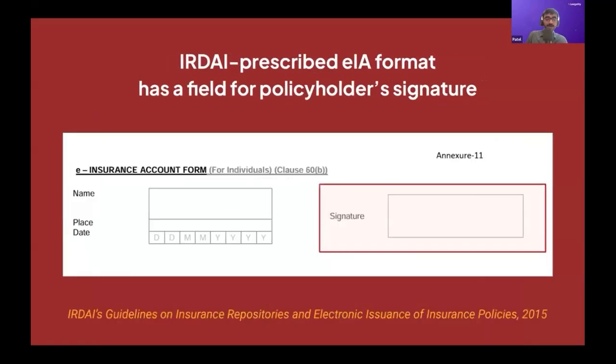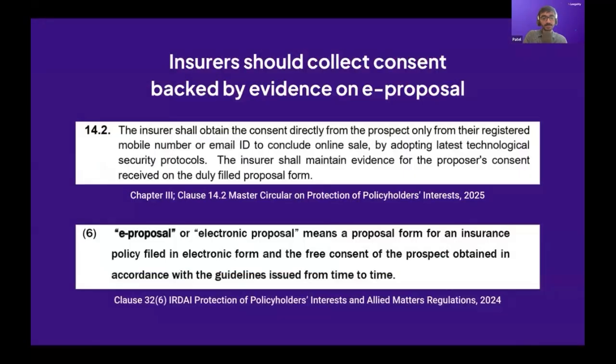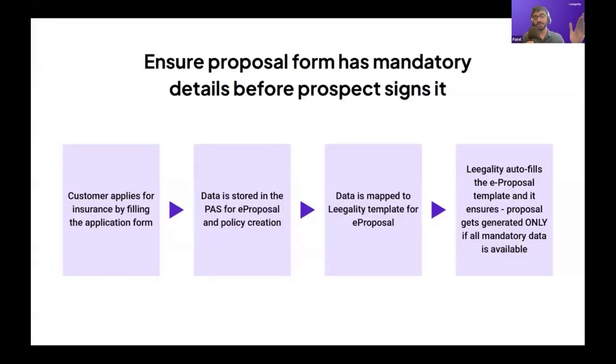For the eIA as well, IRDAI requires a signature very specifically in the annexure itself. And for the proposal, the third document, IRDAI requires a verifiable consent with clear evidence. So first, for all three documents, you need mandatory details filled in. And it's this leg of the process where blank form signing often happens in the traditional insurance process. At a central level, it's very hard to fix this because any rogue agent can do it.